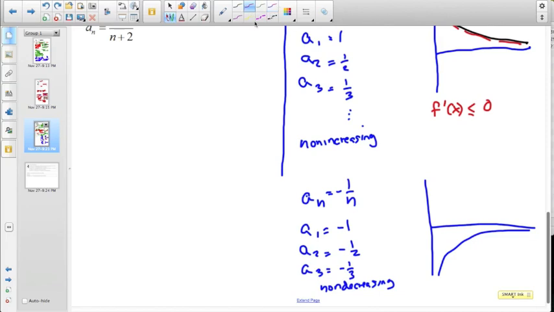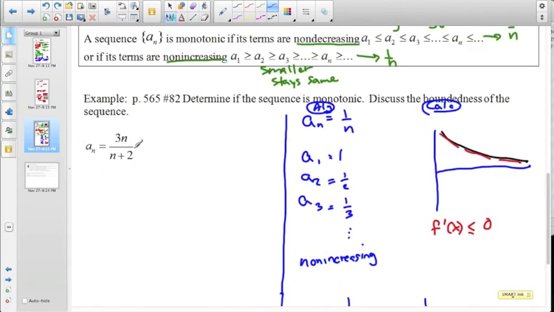For a non-decreasing function, those derivatives are all bigger than 0, or in the case where the value stays the same, the derivative would be equal to 0. So we can take a look at this just by patterns in terms of monotonic, or by finding the derivative and making a determination based on its value. And so if we look at this example here, we're going to talk about finding the limit first of all.